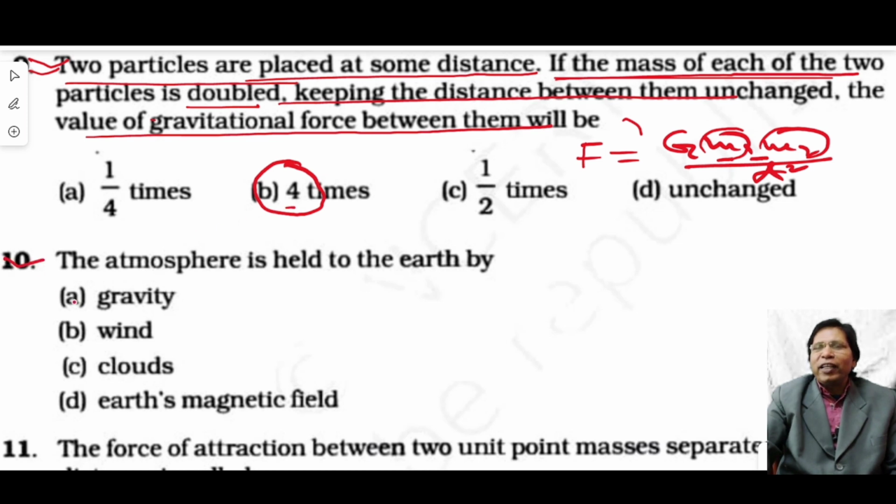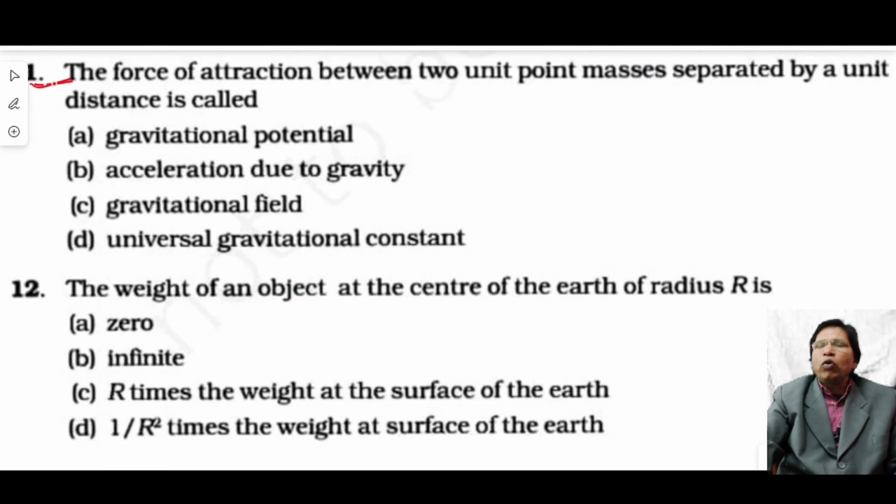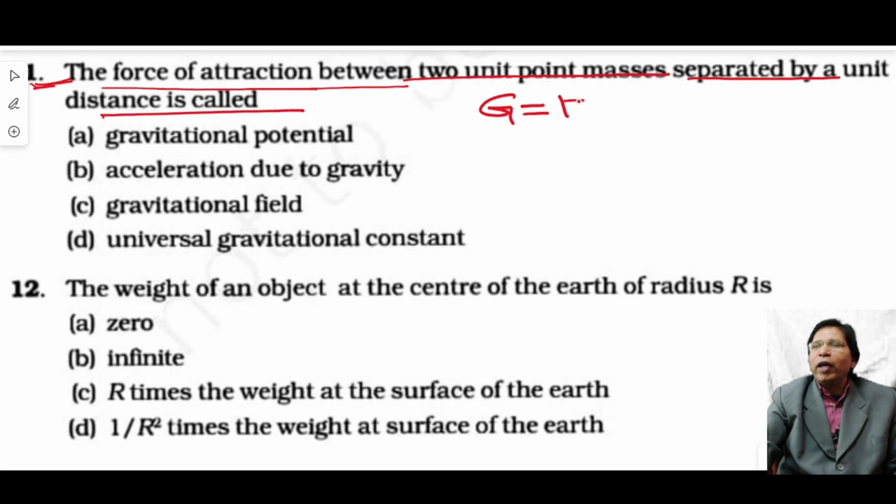Now question number 10. The atmosphere is held to the earth by gravity. Okay. Now question number 11. The force of attraction between two unit point masses separated by unit distance is called the universal gravitational constant, because the universal gravitational constant G equals F if the masses of the two objects are 1 and the distance of separation is also 1.